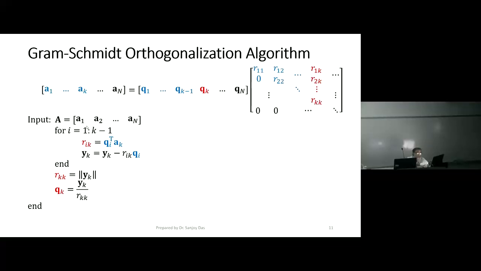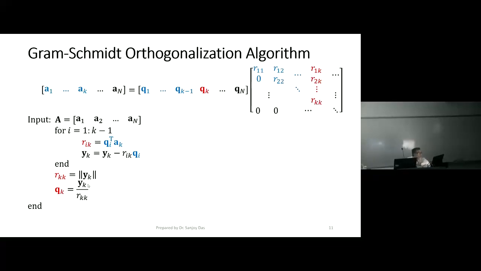I should have another statement here, Yk equals Ak. And then I keep subtracting from Yk in each iteration one of these Rik Qi's. So at the end, the remainder, which is the component of Ak along Qk, will be Yk.